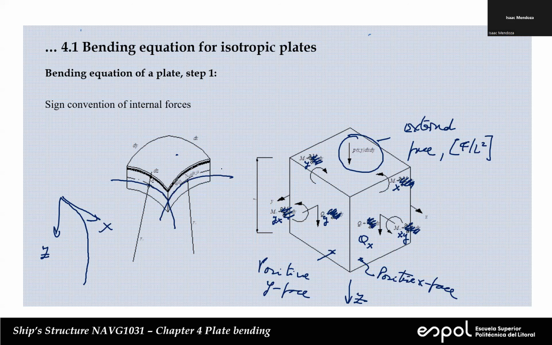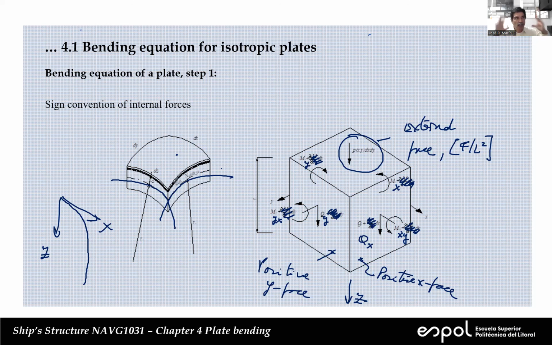If you have a plate that bends like that, that's positive curvature. If it bends the other way, that's negative curvature in X, and similarly in the Y direction. Please take a paper, write it down one, two, three times until you learn it and put it in your memory. Remember, the next evaluation will be closed book.